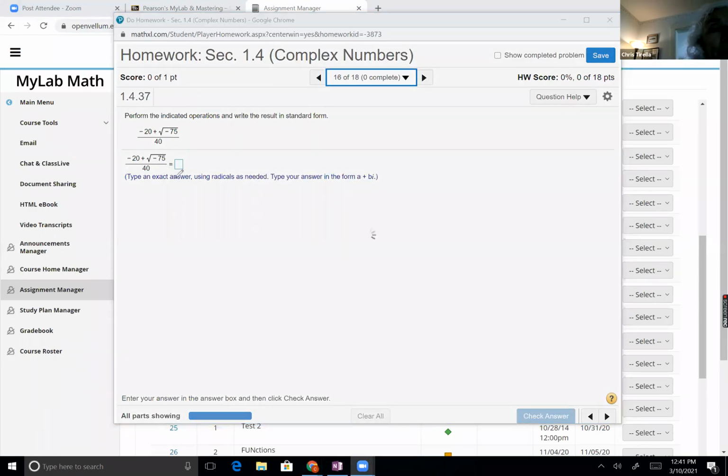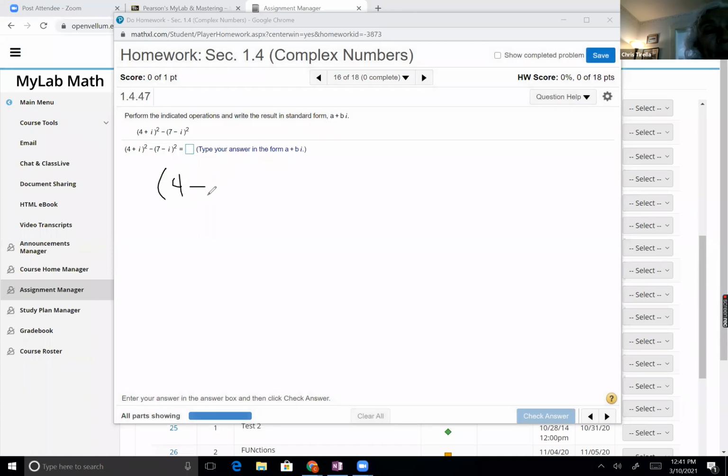This is sort of fun. We've got (4 minus i) squared minus (7 minus i) squared. Now I want you to think way back to January when we started the semester. We said there are some basic rules that are always going to hold true, and one of the most basic was our order of operations.